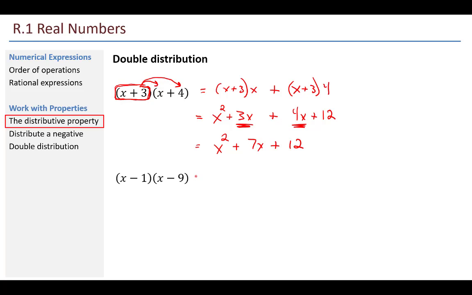Let's be very careful with our minus signs here. Again, I'll take this x minus 1 and think about distributing that across my x minus 9. So I get x minus 1 times x minus x minus 1 times 9.